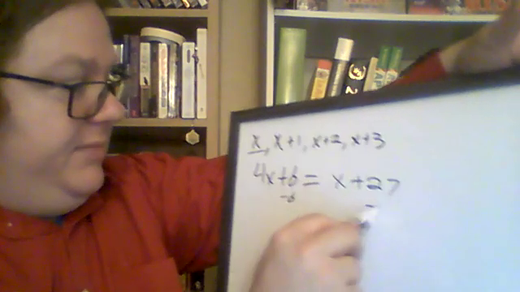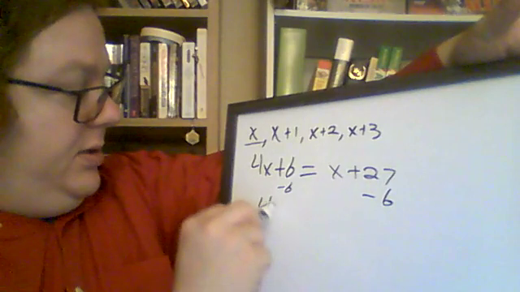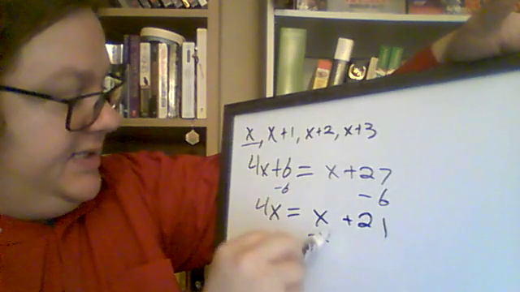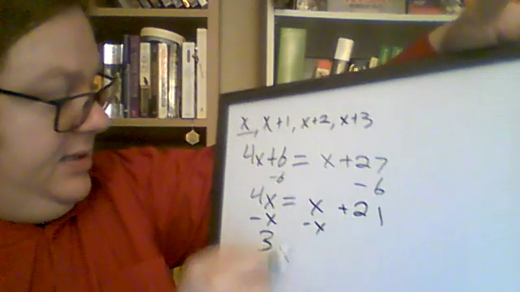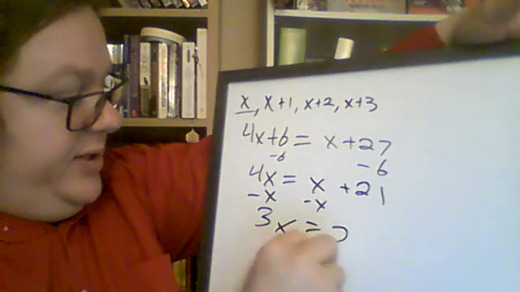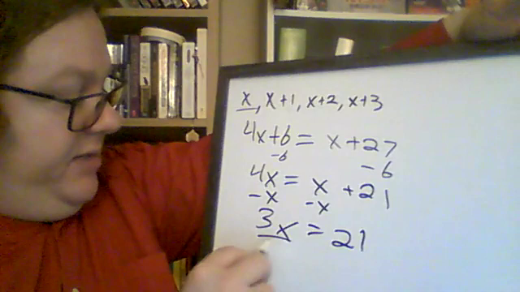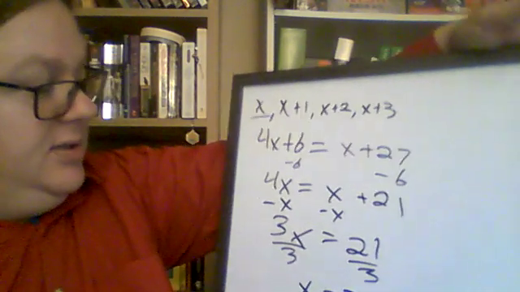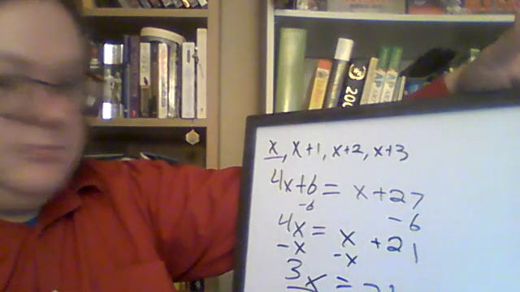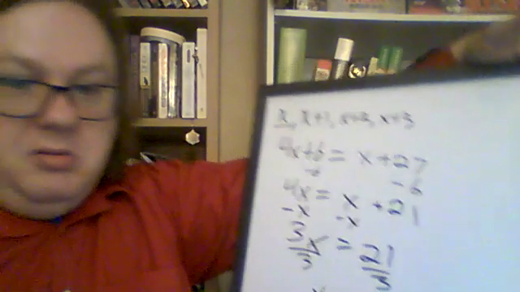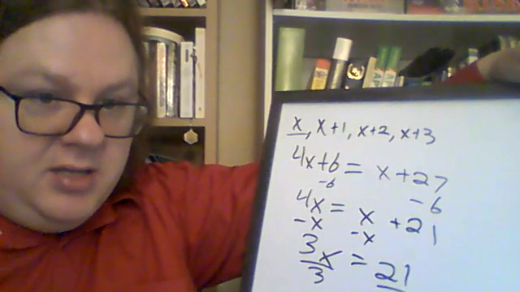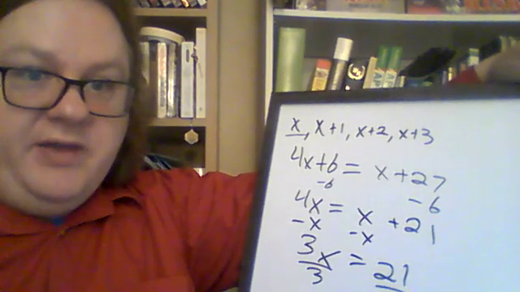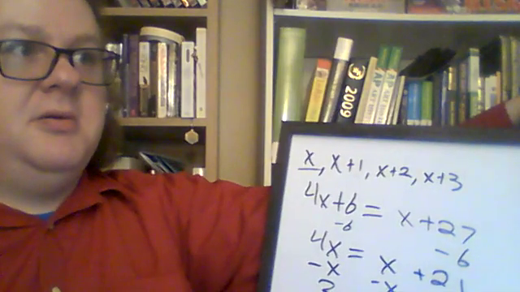Minus 6, minus 6. 4x equals x plus 21. Minus x, 3x equals 21. Divide by 3, divide by 3, x equals 7. Is that right? Is that what they wanted? X equals 7. Neat.